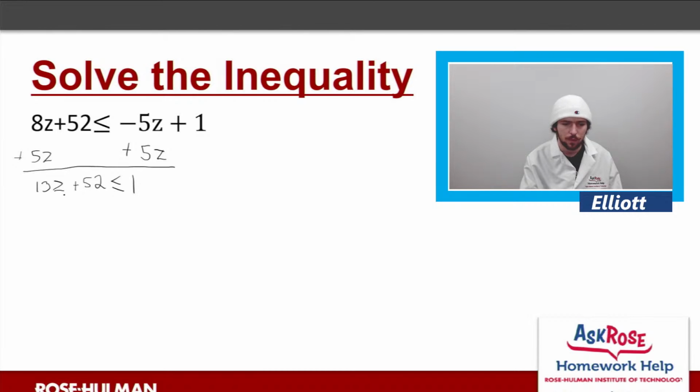To 1. Cool. That's a z, by the way. That's not a greater than or equal to. Cool. So now we can go ahead and subtract this from both sides.